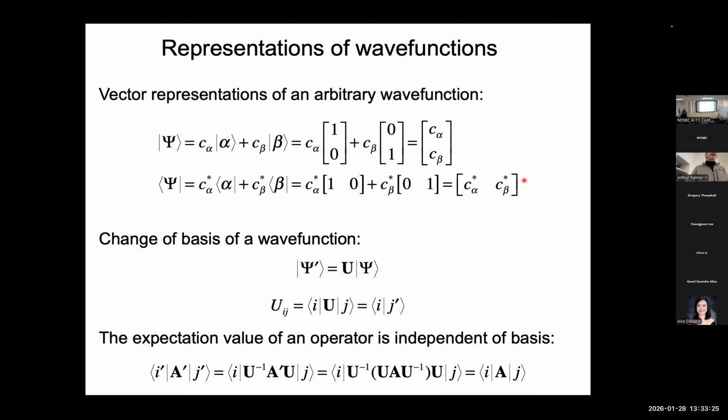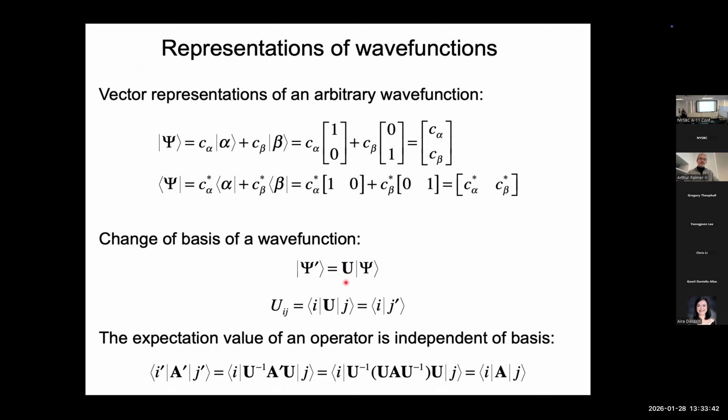So for spin 1/2, since the wave functions are just column vectors with two entries, any vector with two entries can be represented as a linear combination of these two.